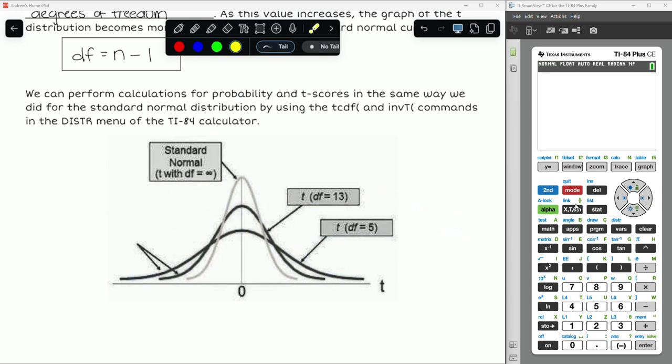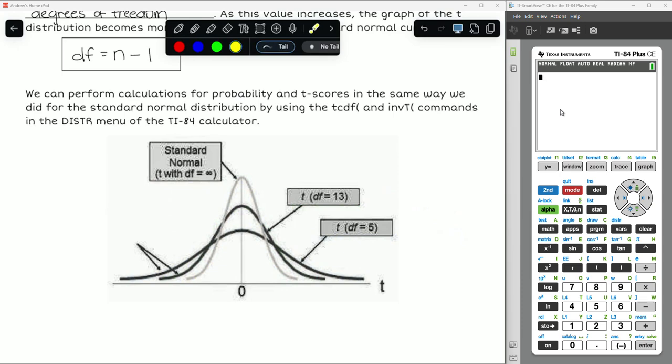Now that we have calculators and we can have a computer do that calculation instantaneously for us, it's good practice to use the standard normal curve when we know the standard deviation for the population, and then use the student t if we don't know the standard deviation for the population, regardless of sample size.